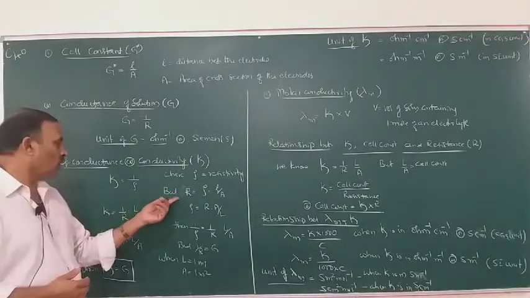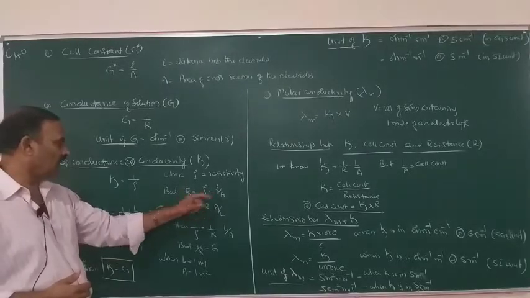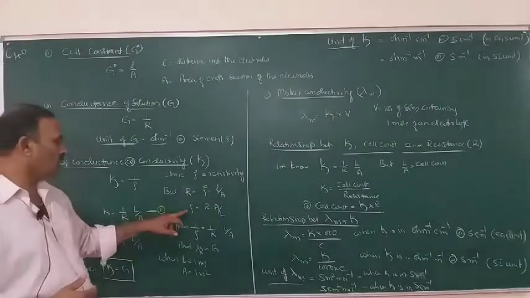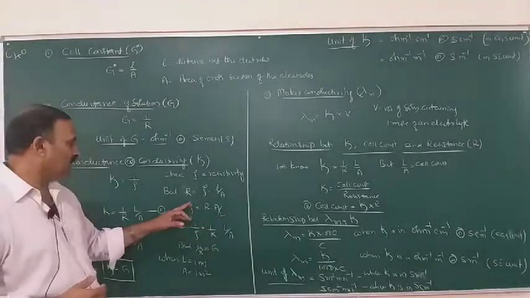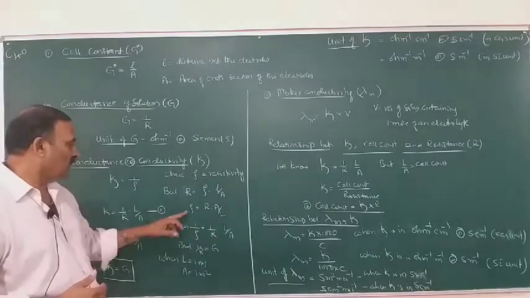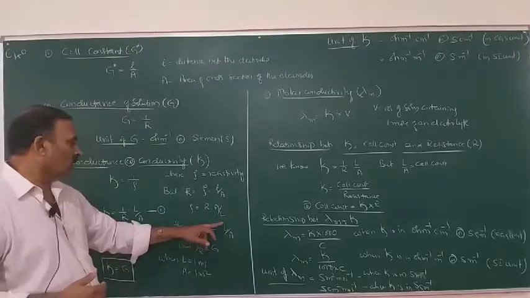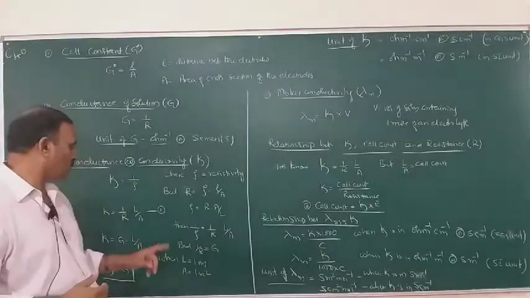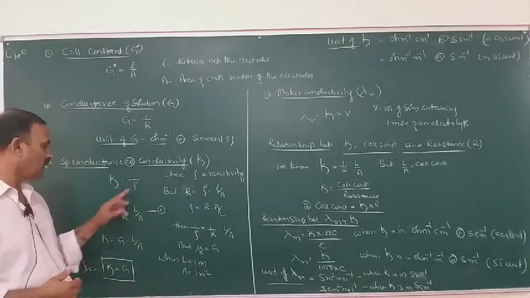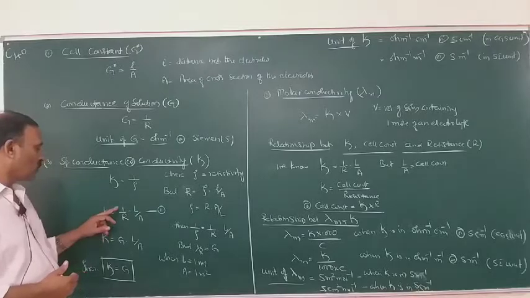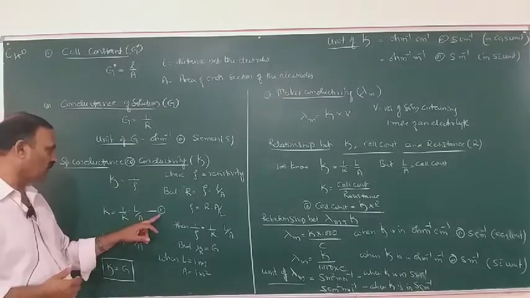But we know resistance is equal to rho into L by A, or rho is equal to R into A by L. Taking the inverse, 1 over rho is equal to 1 over R into L by A. Substituting the value of 1 over rho, we get kappa is equal to 1 over R into L by A. This is equation 1.